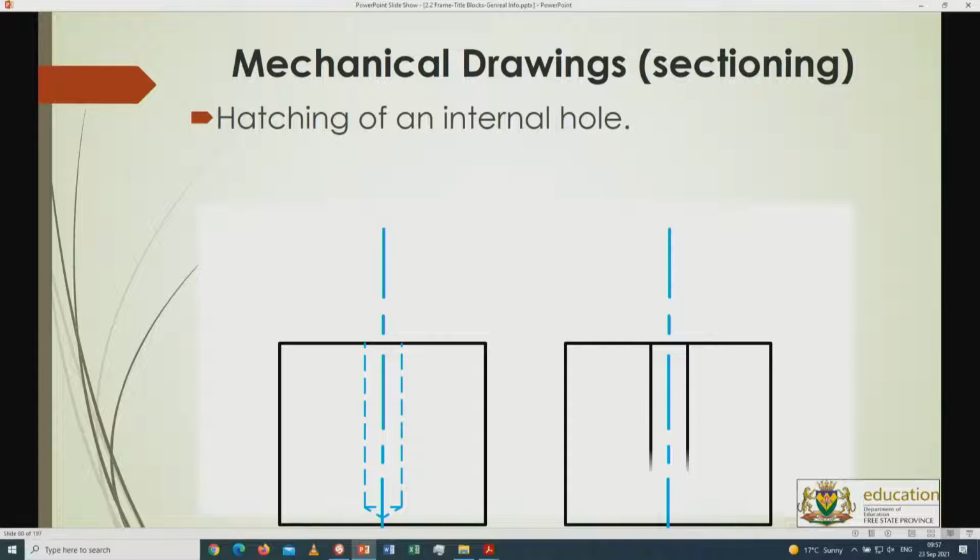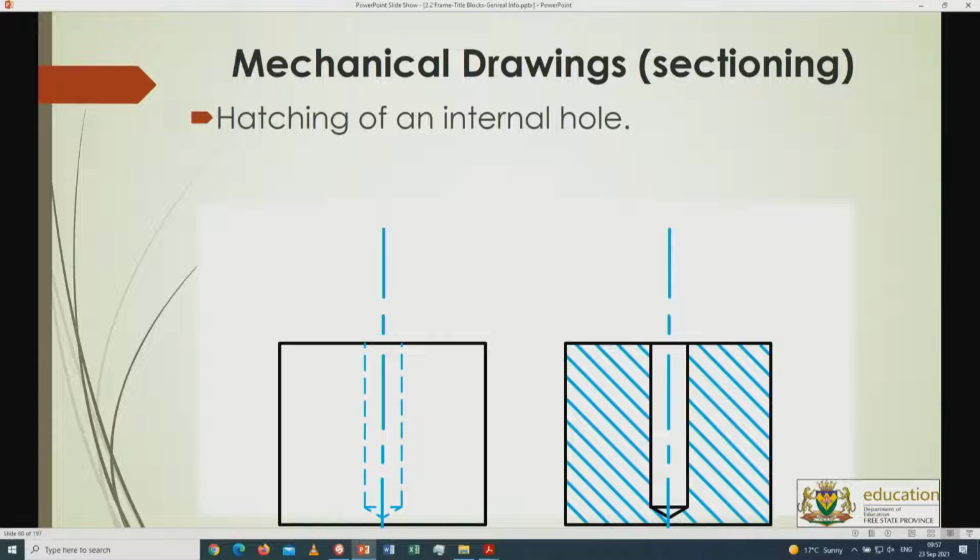Then if I drill a hole through this and section this part in half, that is where the hatching will go up to. Now, if I put the thread inside there and on that side, that is basically pointing out to you that the hatching will go all the way to the side of the material, up to where it goes.